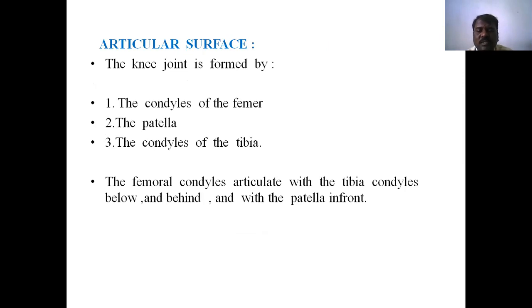Next, the patella articulates with the anterior surface of the femur and the condyles of the tibia. So the lower end of the femur articulates with the upper end of the tibia, and also the anterior surface of the lower end of the femur articulates with the patella. These surfaces make up the articular surface in the knee joint.